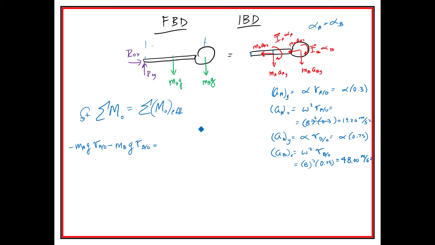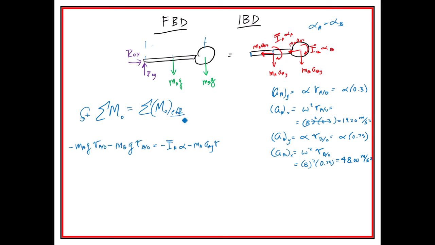It's going to be equal to all the things on the right-hand side, which I think I begin with I_A times alpha. That's alpha A, but alpha A is equal to alpha B, so it's just alpha. And then take minus M_A a_Ay, but you also need to make it into a moment.